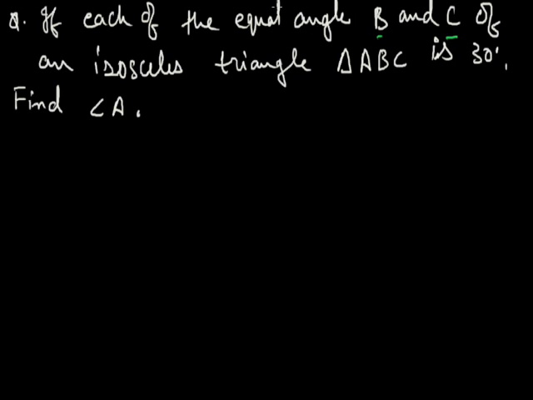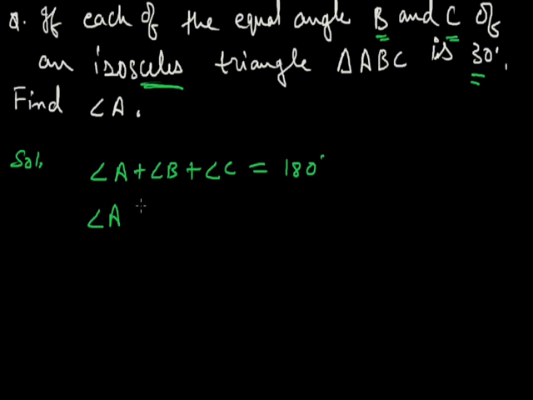And this, the most important part is that we have to understand, since the triangle is isosceles, so the two angles B and C both are equal and the measure of both the angles will be 30 degree. So we know that angle A plus angle B plus angle C, that is the sum of all the three angles of a triangle, is 180 degree, and we have to find angle A. So let us write it as it is.